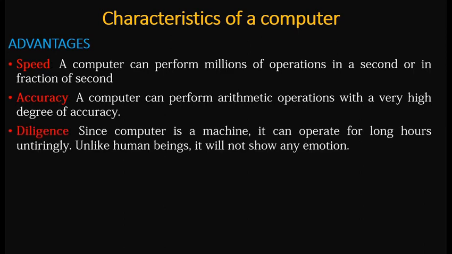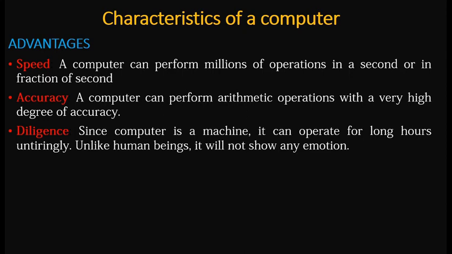Another characteristic of a computer is its diligence. We know that a computer is a machine. It can operate for long hours without any complaint or without any emotions, and a computer will never be fatigued. If we are given similar work to do continuously, we will definitely get fatigued and bored.